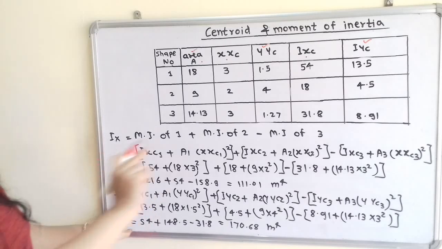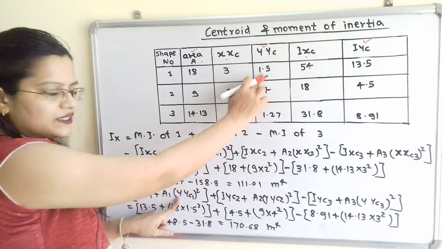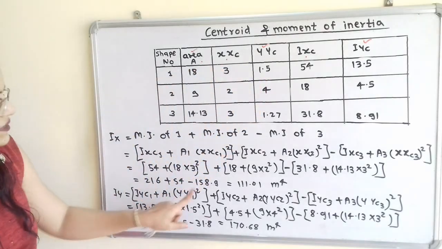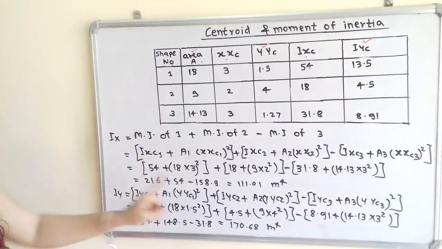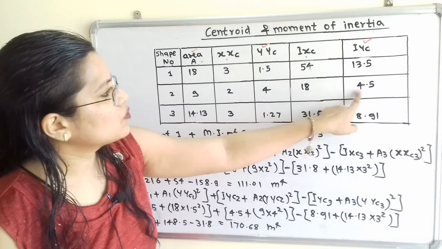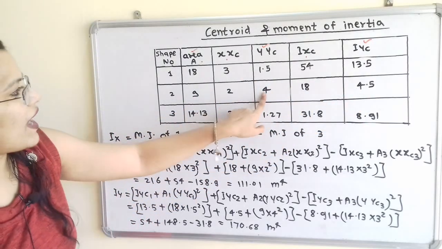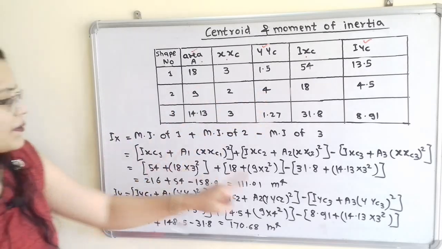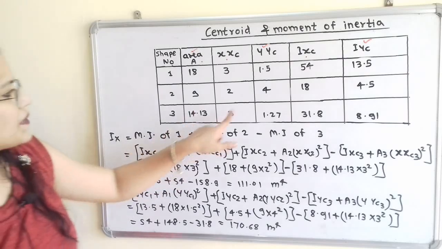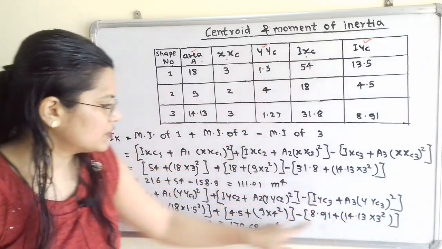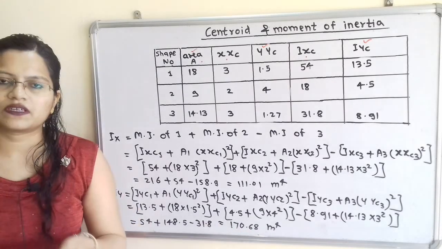For shape number 1 we take Iyc1 plus A1 (y minus yc1) squared, because the suffix 1 is used for shape number 1, plus for shape number 2, Iyc2 plus A2 (y minus yc2) squared, minus Iyc3 plus A3 in bracket (y minus yc3) squared. When we put the values, we get the answer 170.68 meter raised to 4.